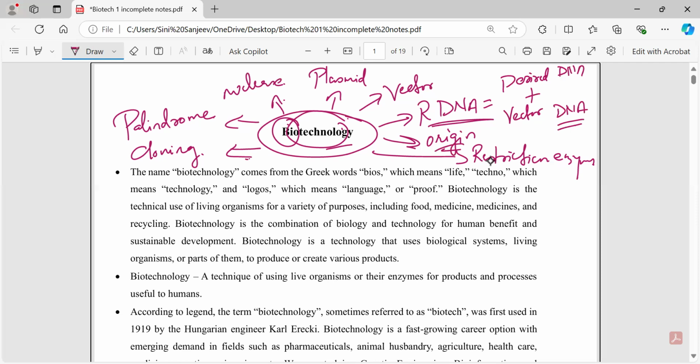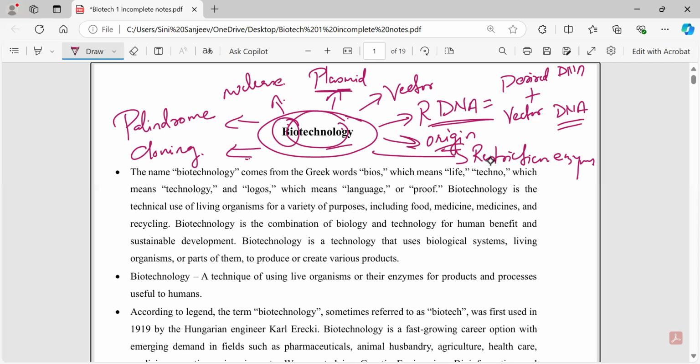From 2, 4, 8, 16, like that. There is a replication point for every cell or every DNA, and with its help we know mitosis and meiosis take place the same way. Origin of replication is a place which initiates the replication process.